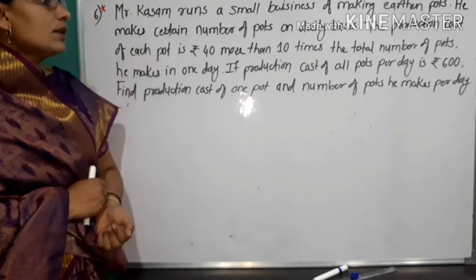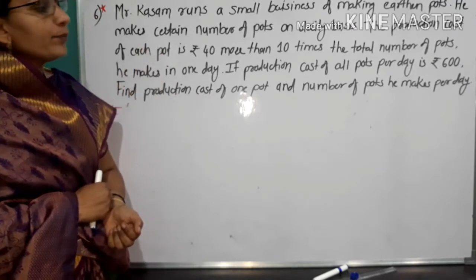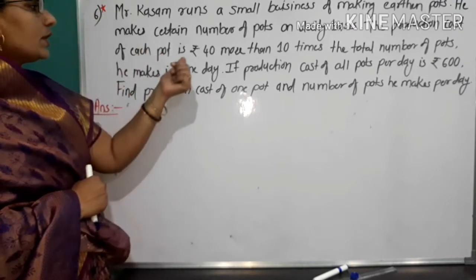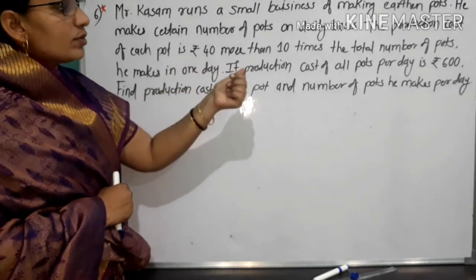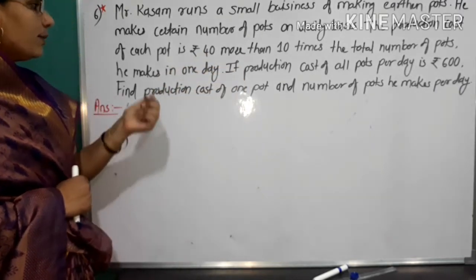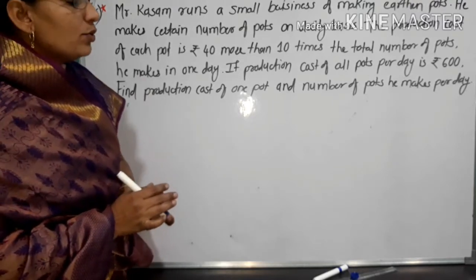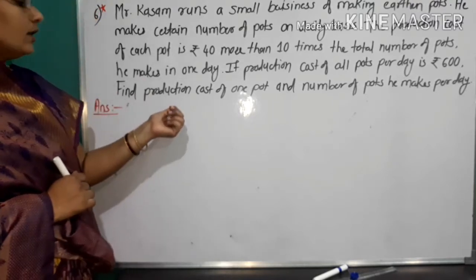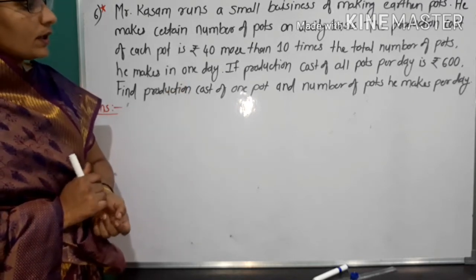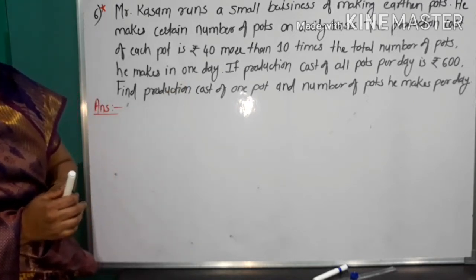He makes a certain number of pots on a daily basis. The production cost of each pot is rupees 40 more than 10 times the total number of pots he makes in one day. If the production cost of all pots per day is rupees 600, find the production cost of one pot and the number of pots he makes per day.